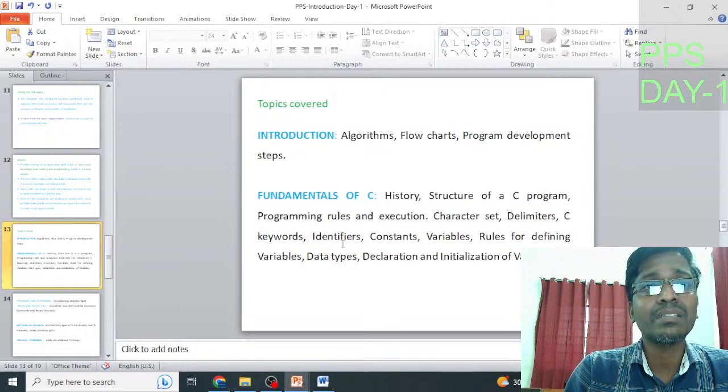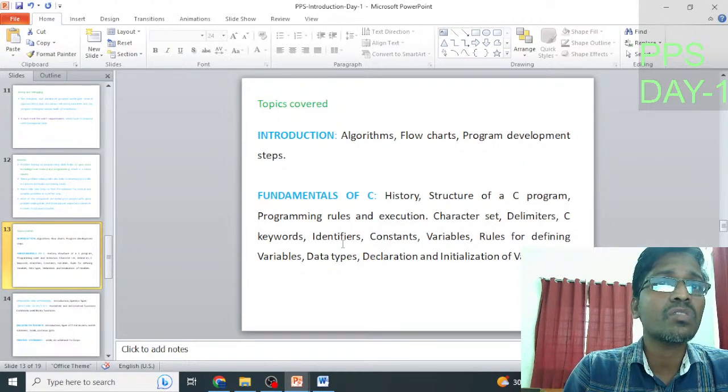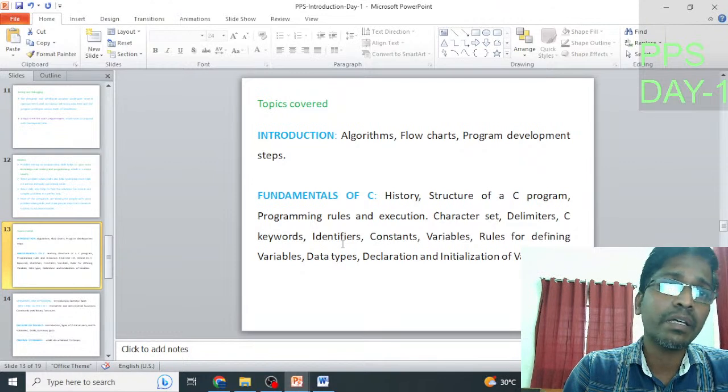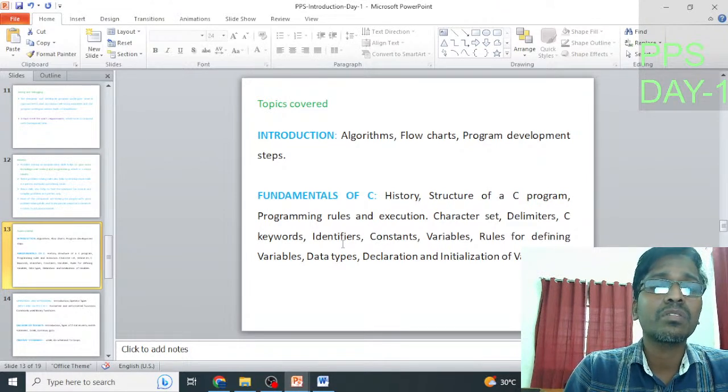Keywords are tokens, C tokens, like keywords, identifiers, constants, variables. After that, what are the rules for defining variables and writing identifiers. Then I covered data types: what are the different types of data types in the programming language, and how we are going to declare and initialize variables.